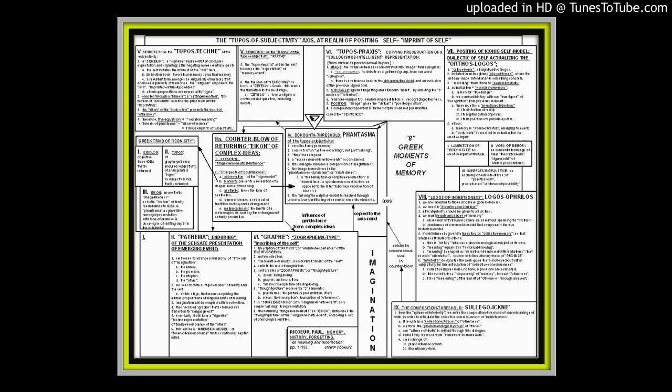When Ricoeur takes us to the cognitive side of consciousness, the first thing he wants to tell us is that we are engaged in a realm of needing to maintain an orthos logos. We need to initiate and maintain an orthos logos, and that is the straight path of the directional sense of reality.